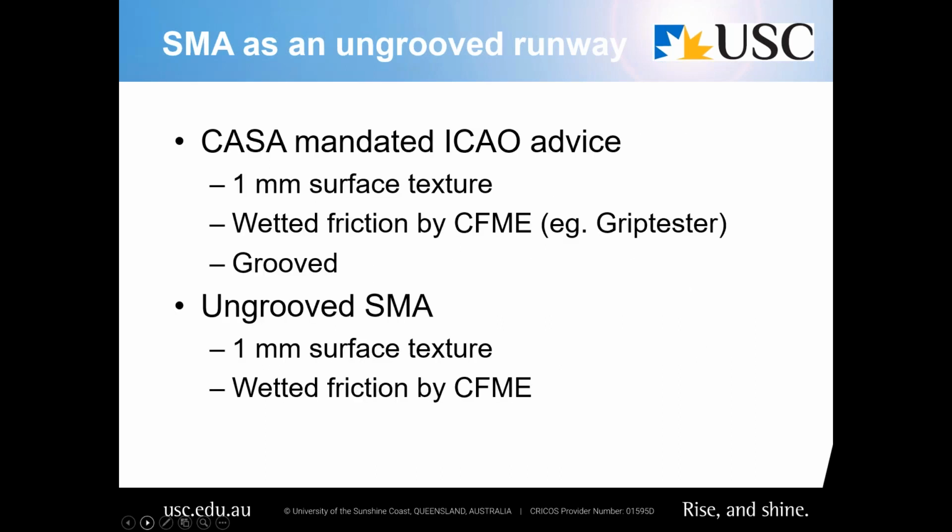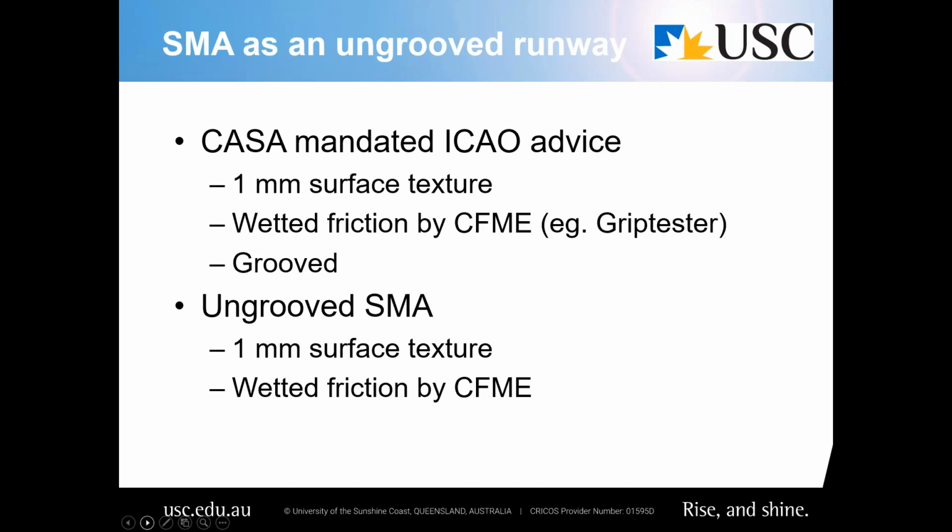In terms of skid resistance, we'd all be reasonably familiar that CASA effectively mandates ICAO advice, which is to either have 1 millimeter of surface texture or friction, wet friction, commonly measured with a grip tester, but there are other machines, or be grooved.